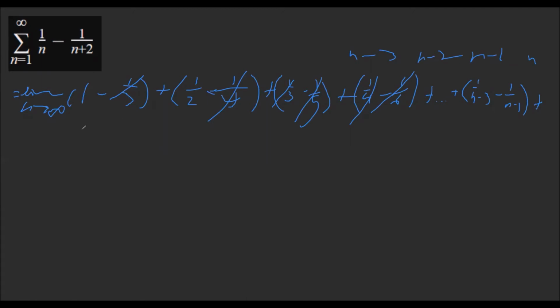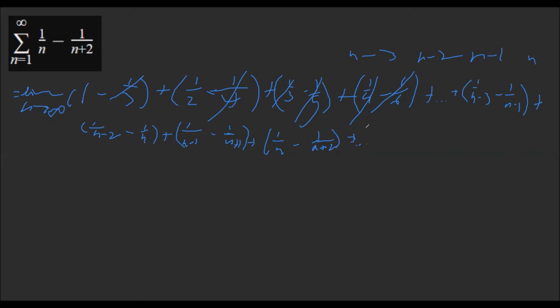I'll continue it on this line. Then the second to last term. And then finally the last term, which is going to be 1 over n minus 1 over n plus 2. And of course we have to add the plus dot dot dot near the end, as that's just required for some reason.